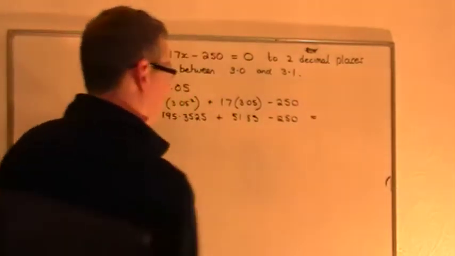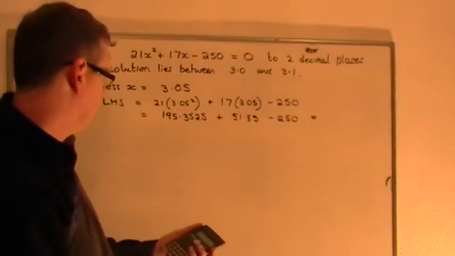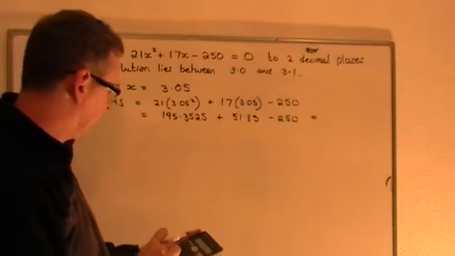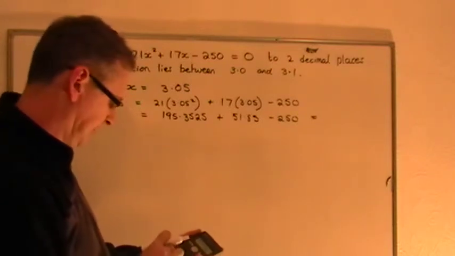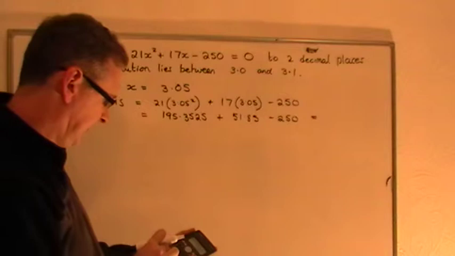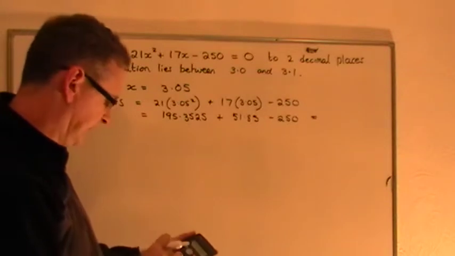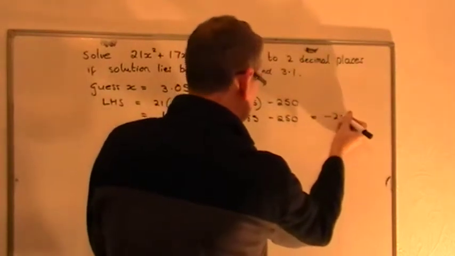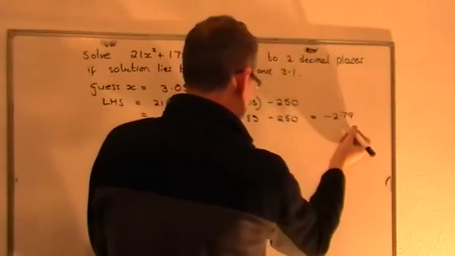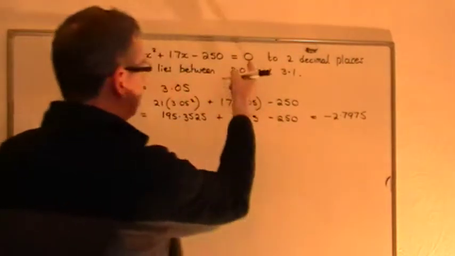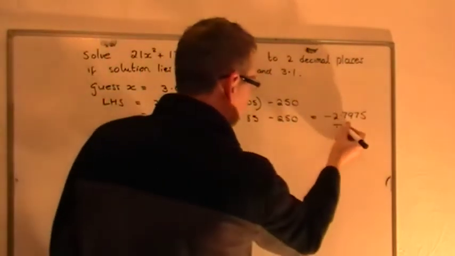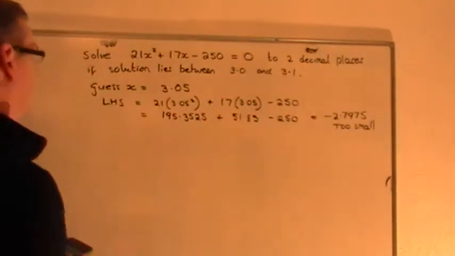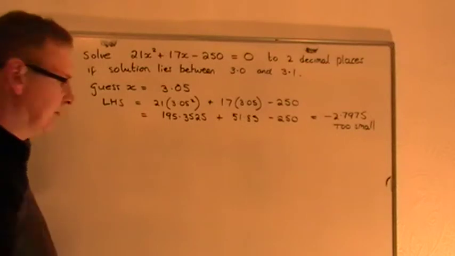I'll just put it equals over there to give me more space. 195.3525 plus 51.85 take away 250 gives us an answer of minus, and that's all I'm really interested in, to be honest, 2.7975. I want the answer to be 0, it's a negative, so that is patently too small. So x equals 3.05, too small.